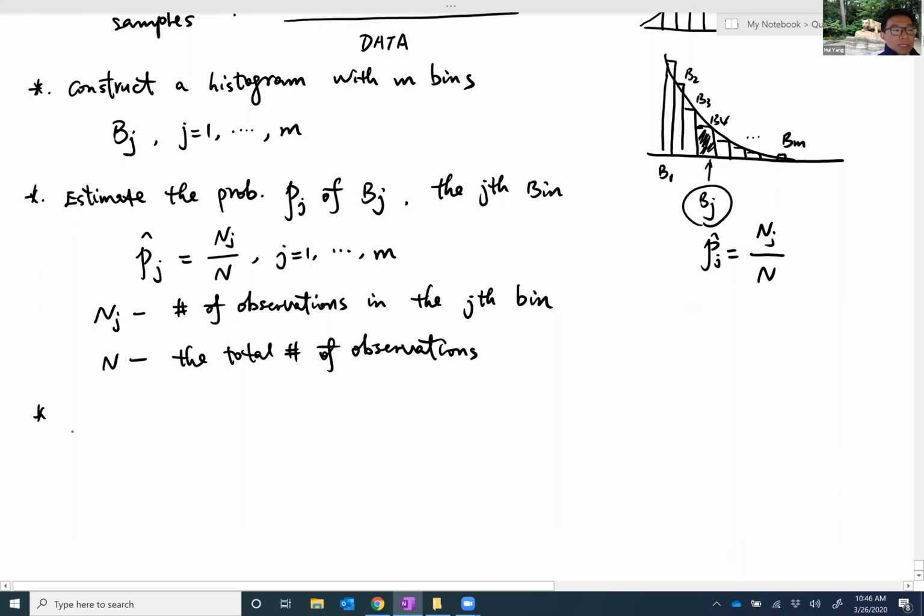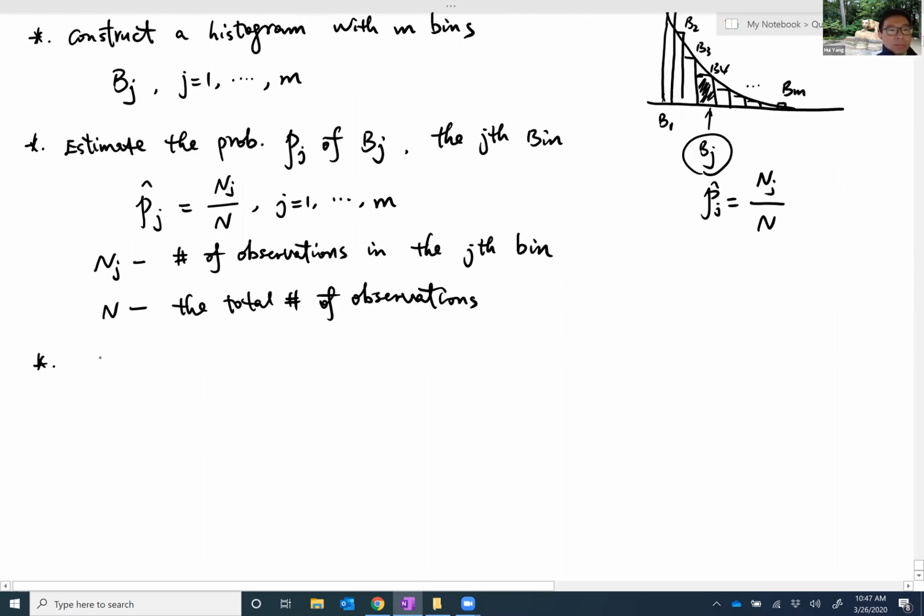Now the next one: if you have the model, you can calculate the probability from the model, that is Pj. That means this line is like the population, and those bars are like the sample. So you have the sample estimation, that's Pj hat.